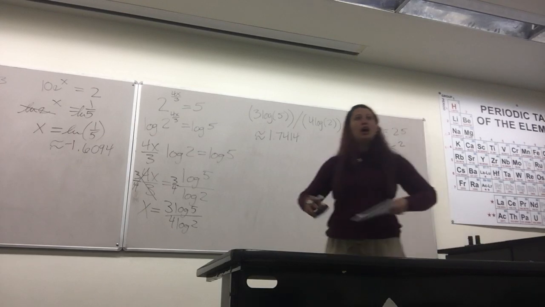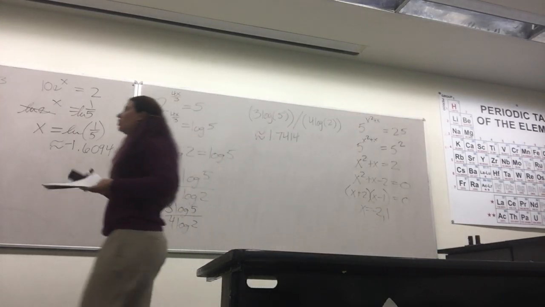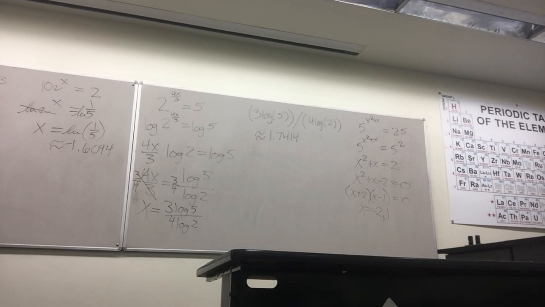So the kind of opposite of this is if we start out with logs and then we want to use exponentials. So if we have 2 log base 5 of 7 minus x minus log base 5 of 2 equals log base 5 of 50.